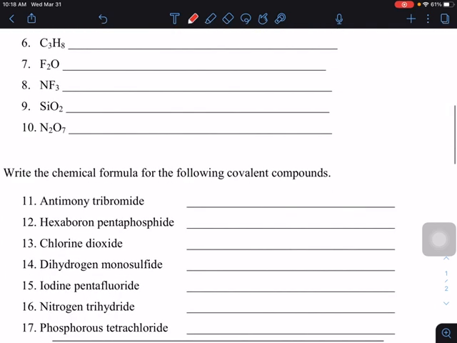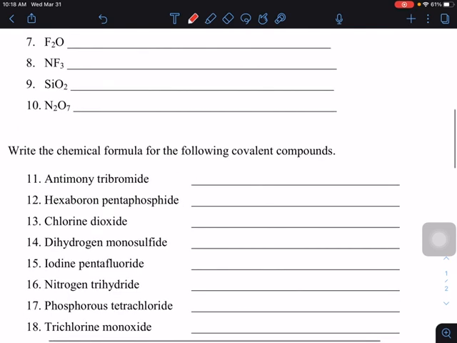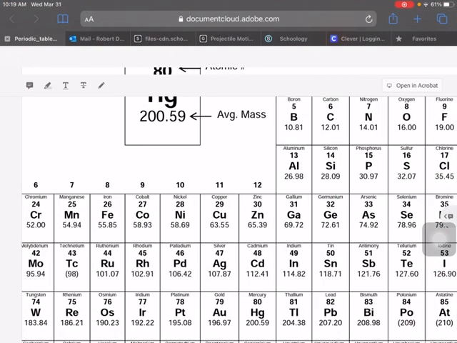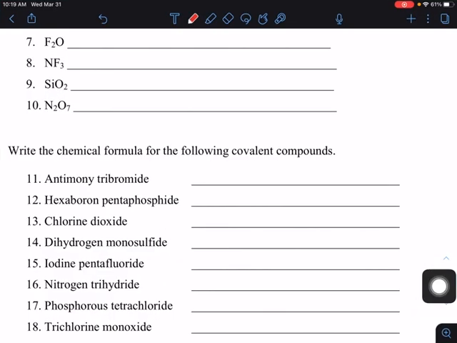And let's look at some of these other examples here. Antimony tribromide. Again, that's one that we don't see a lot. Here it is right here, number 51. It's a symbol of Sb. There's no prefix for it, so it's just Sb.